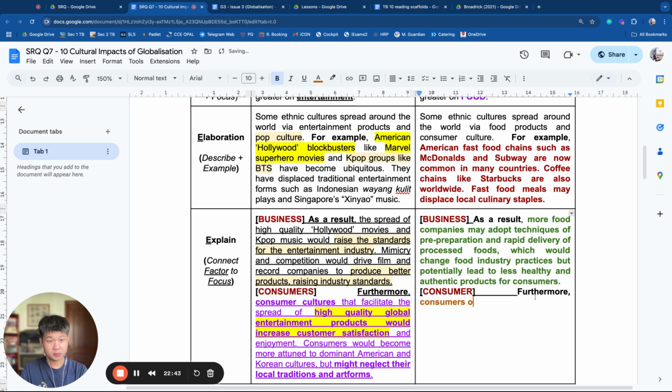Furthermore, consumers obsessed with fast foods and coffees may lose out on traditional tastes and delicacies.